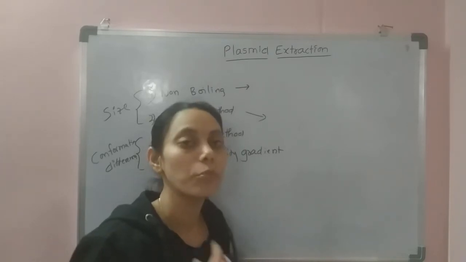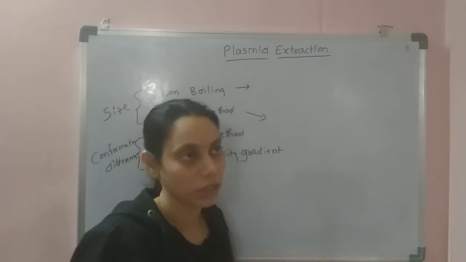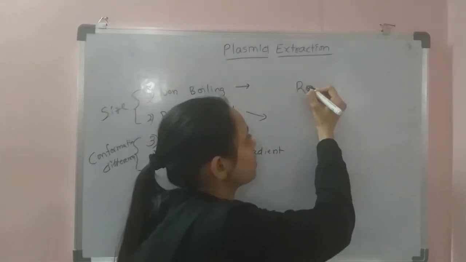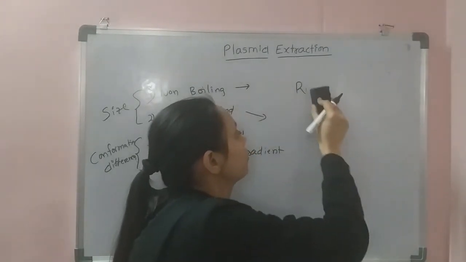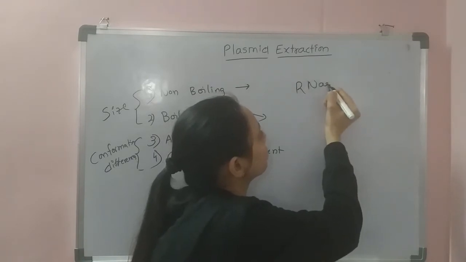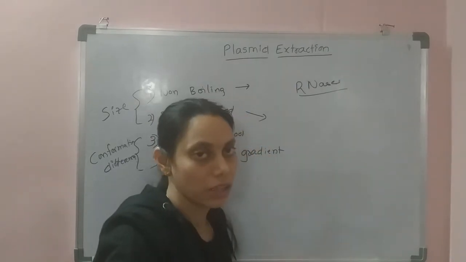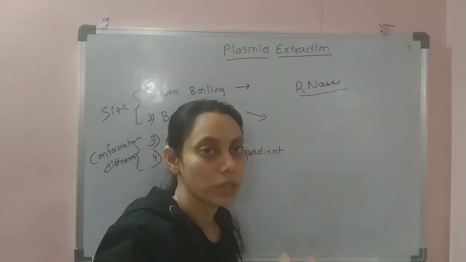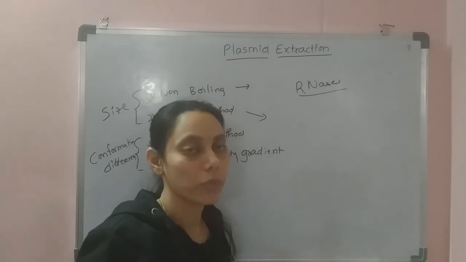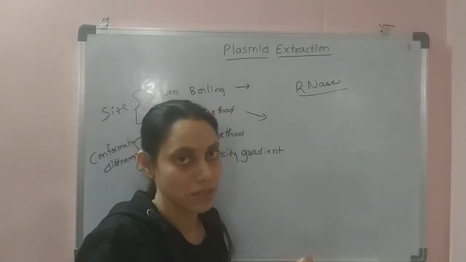Here we can improve the quality of the product by additionally using RNases. These are enzymes that degrade the RNA. They may be added in the lysis buffer itself, or after the purification of the plasmid we can treat the plasmid with RNases.